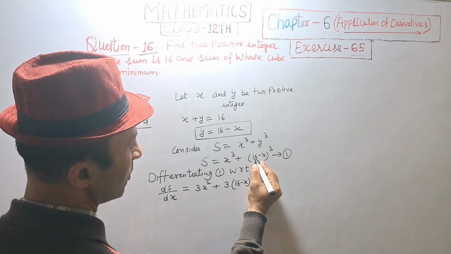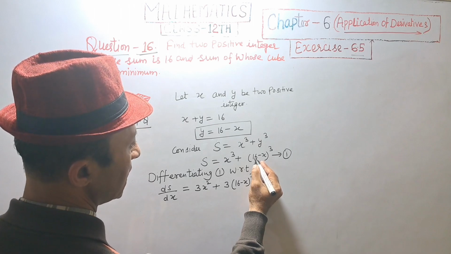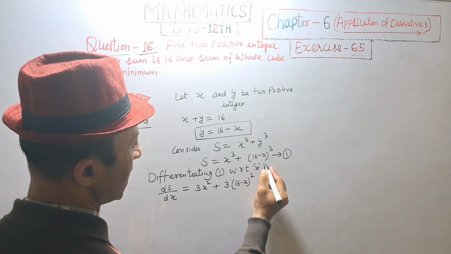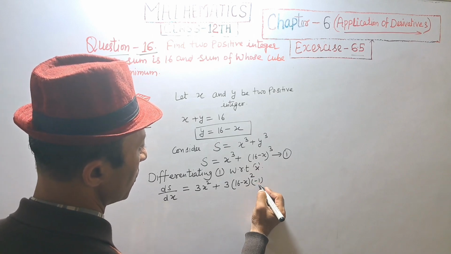and d/dx of 16 minus x, differentiation of 16 is 0 and differentiation of minus x is equal to minus 1.